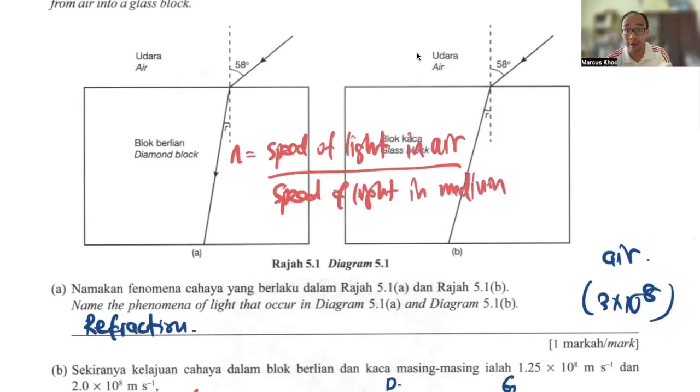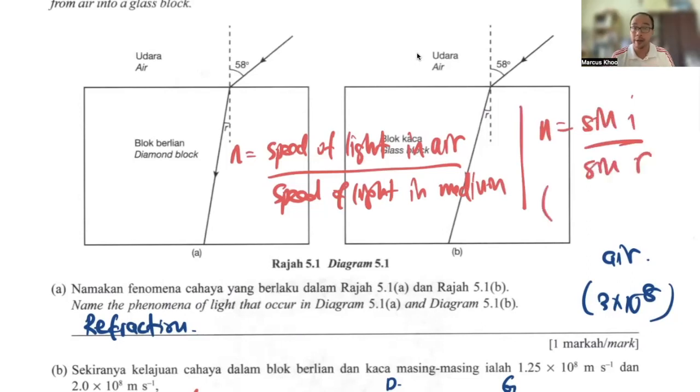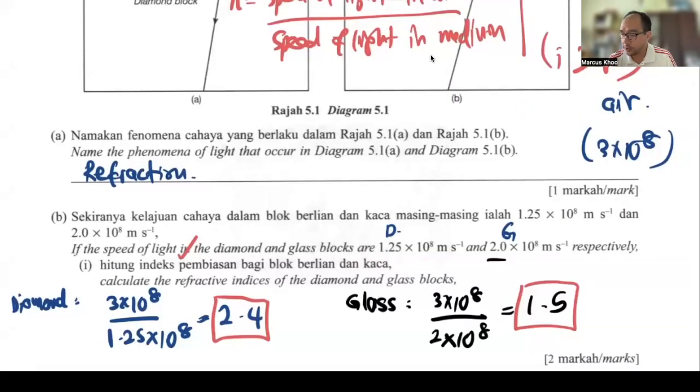That's one way of calculating. Another way of calculating, of course, is n equals sine I over sine R. But there is a condition for this. The condition is that I must always be bigger than R in order for you to use this formula. Okay, let's move on.